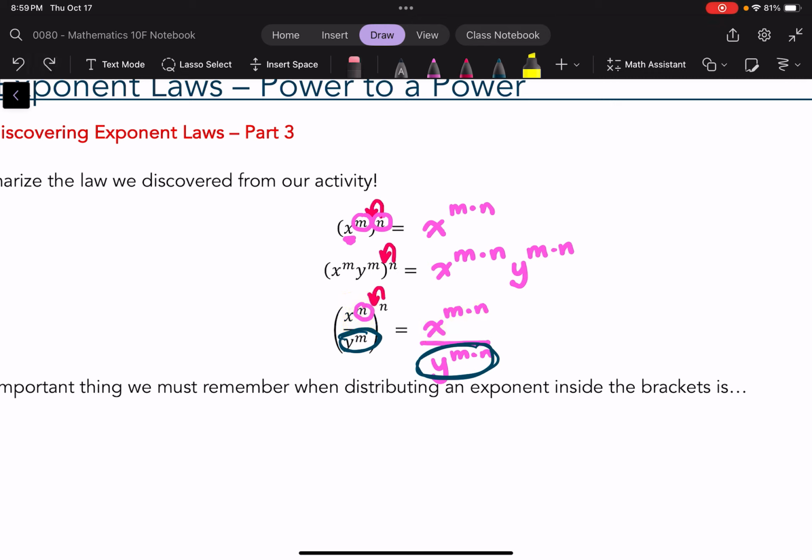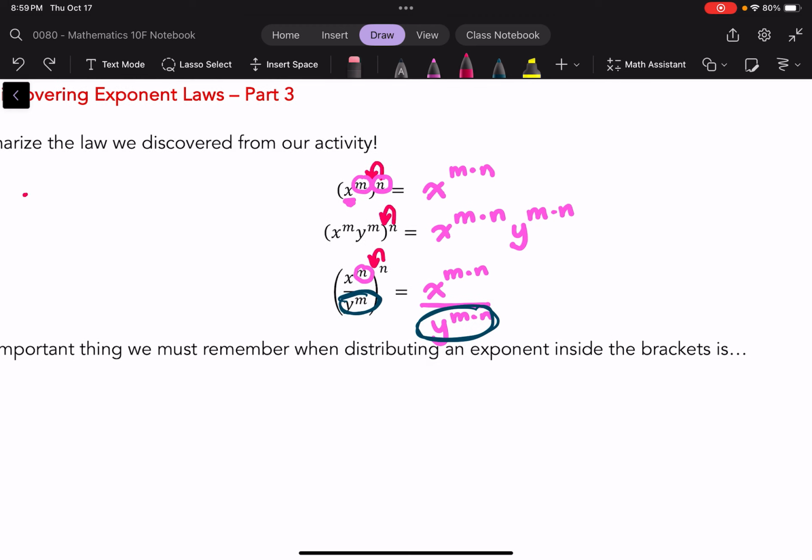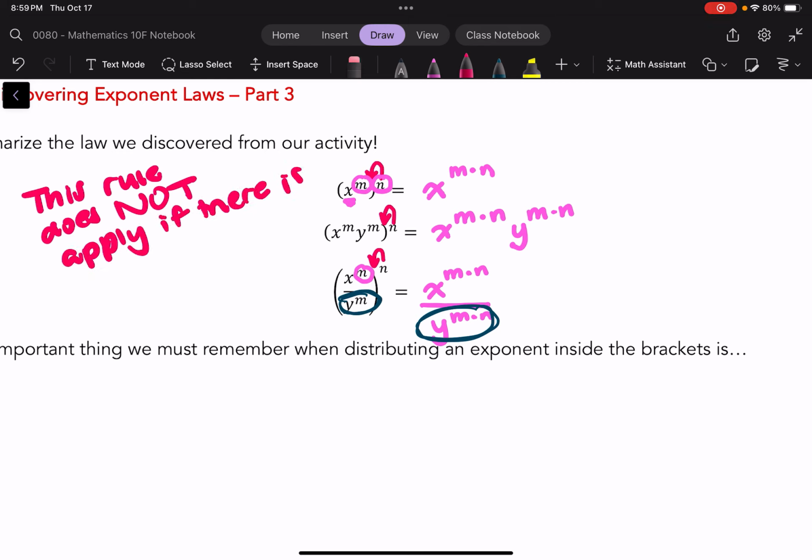Okay. Now, we can see this a little bit more clearly when we write things out as repeated multiplication, but there are a couple of things that are really important that I want to jot down here. First of all, this rule does not apply if there is addition or subtraction inside the brackets.